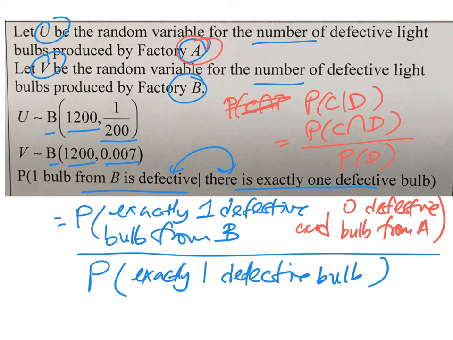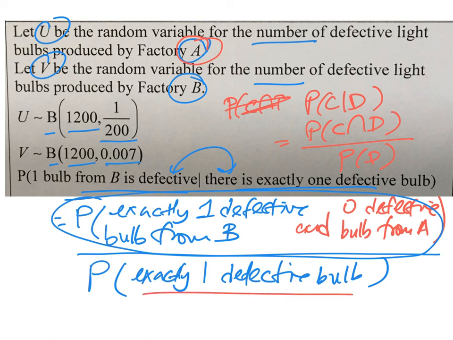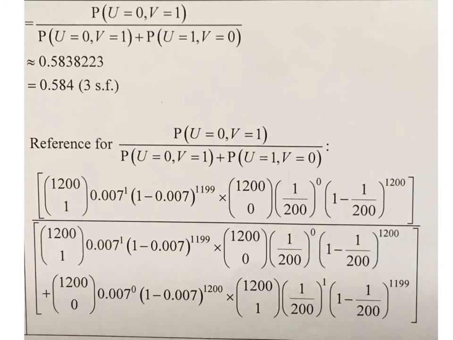Now let us convert what we understand in words into symbols, where we use U and V to represent the random variables for the number of defective light bulbs produced by A and B respectively. This is what we have over here. Looking at the probability that there's exactly one defective light bulb, this one defective light bulb can either come from factory A or factory B, so we have to consider the two.